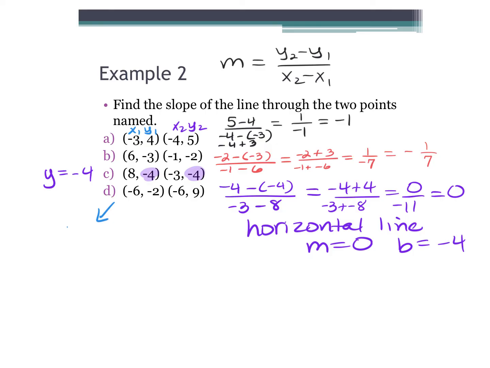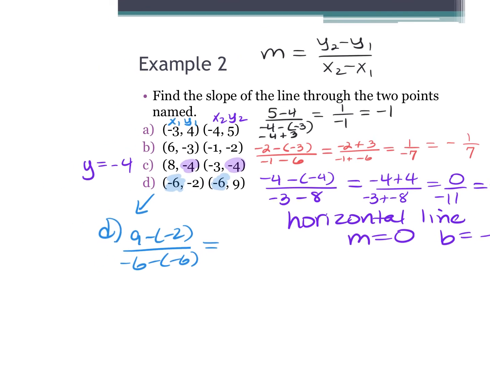So for part D here, again, I'm going to subtract the y's. So 9 minus negative 2, and then negative 6 minus negative 6. Notice this time my x's are the same. So the equation of this line is going to be x equals negative 6.